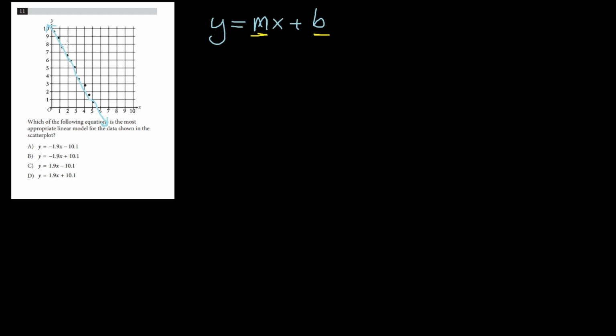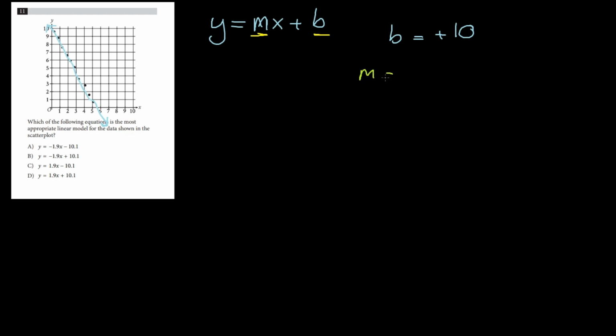Okay, so it looks like we have a y-intercept of about positive 10. So b is going to be positive 10. And let's look at our slope. So are we going up or are we going down? As we increase in x, our y is going down. So our slope is going to be negative.